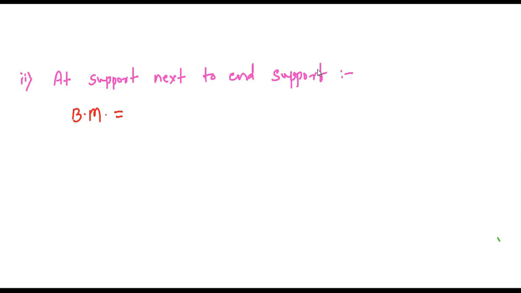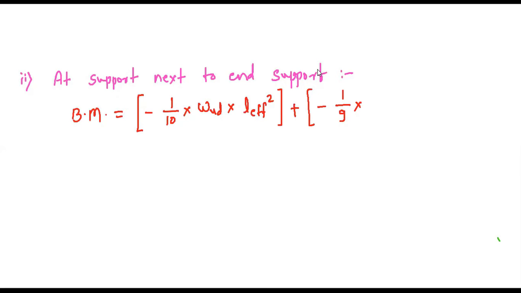Our coefficients were minus 1 by 10 and minus 1 by 9. Here, I put minus 1 by 10 into WUD into L effective square, plus minus 1 by 9 into WUL into L effective square.